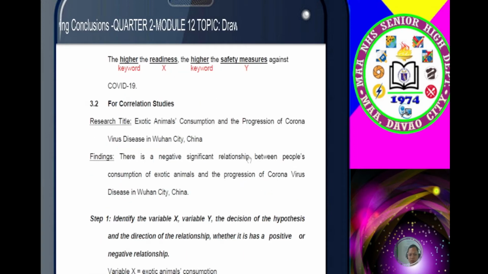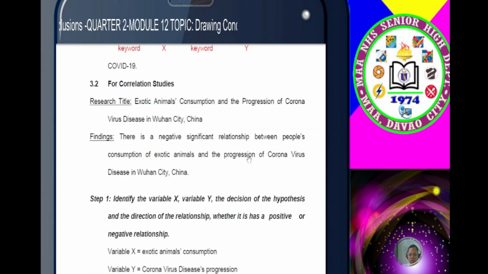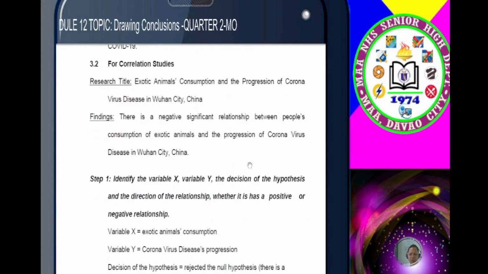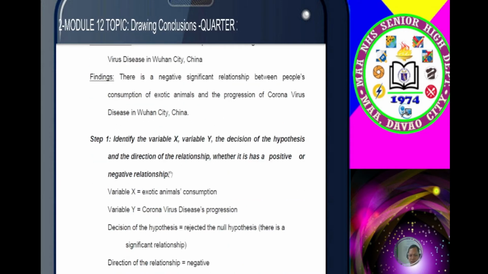Okay, another example. Exotic animal consumption and progression of coronavirus disease in Wuhan City, China. So findings: there's a negative significant relationship between people's consumption of exotic animals and the progression of coronavirus in Wuhan City, China. So identify the variables. Variable X is exotic animal consumption.